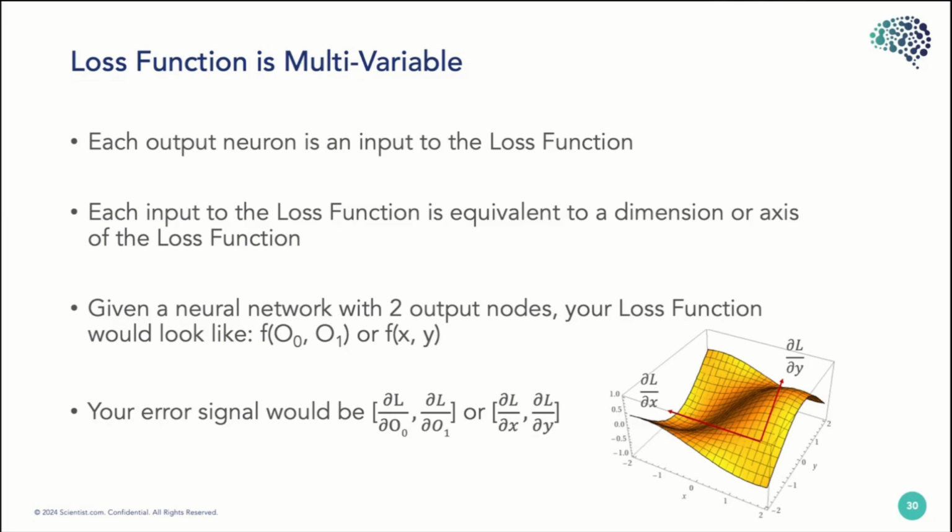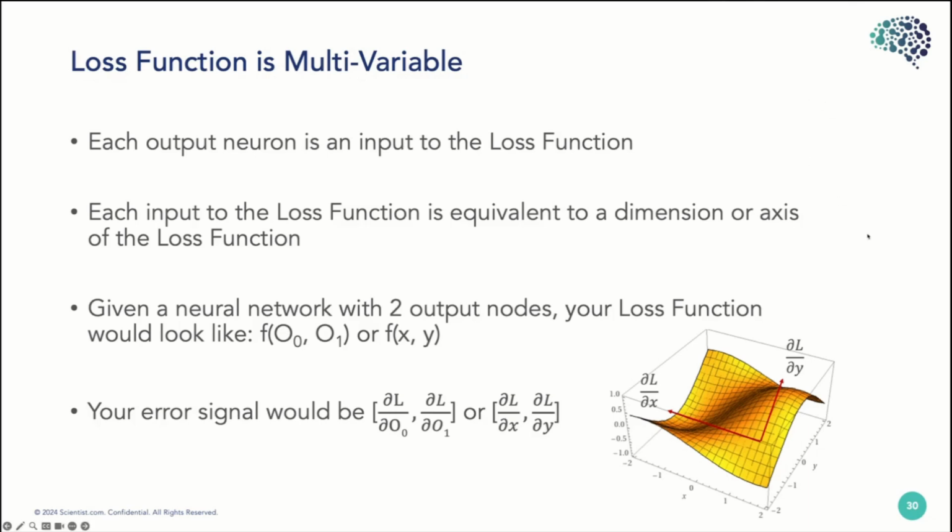So let's pull back and consider a much simpler network. Let's consider a network with 2 outputs. We can call that output 0 and output 1, or make it even simpler, let's call it output x and output y. So our loss function is now f of x and y, and that's a 3-dimensional function. That's a function we can kind of draw out.